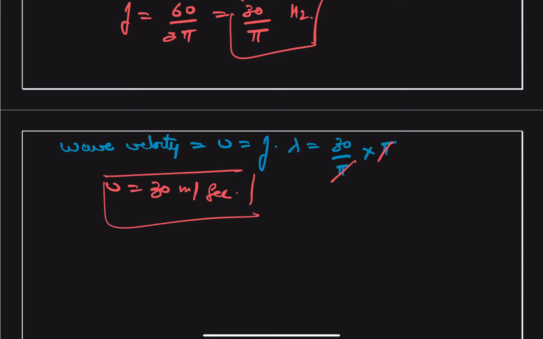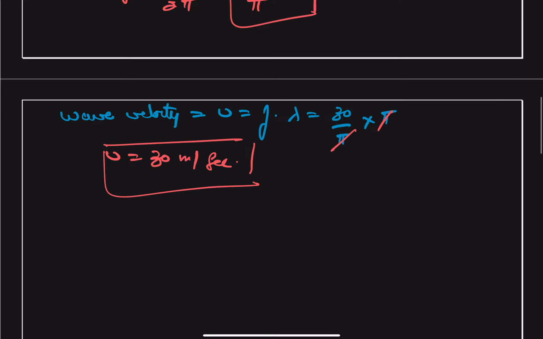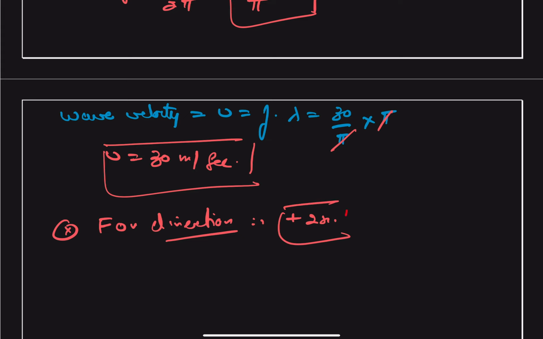So we got the velocity also, and finally we are going to find the direction. If you make a comparison, for direction we are mainly interested in this particular part, which is given as plus 2x.